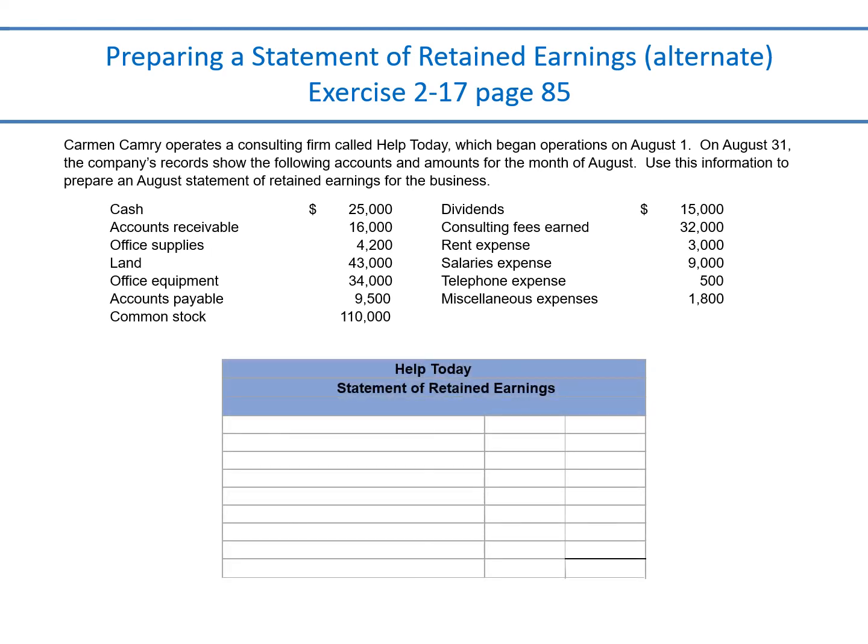All right, again, make sure your heading is appropriate. You have your company name and the statement name. We're doing a statement of retained earnings, so it's for a period of time, and in this case, the month ended August 31st. We start with beginning retained earnings, which is 0 because they just began their operations.